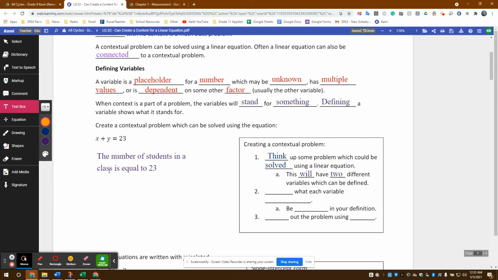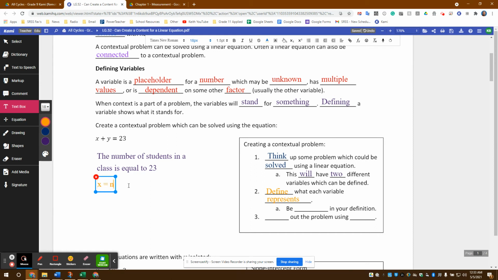So we have to define what those two variables are going to be. Define what each variable represents.